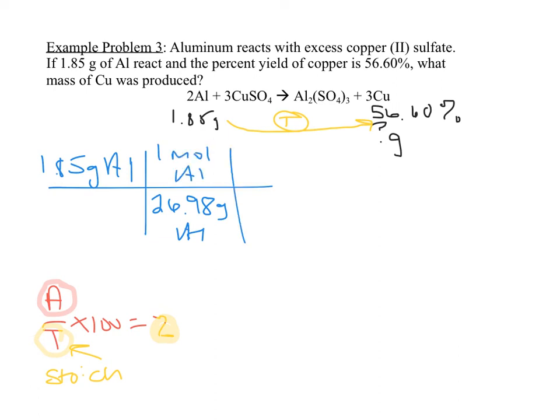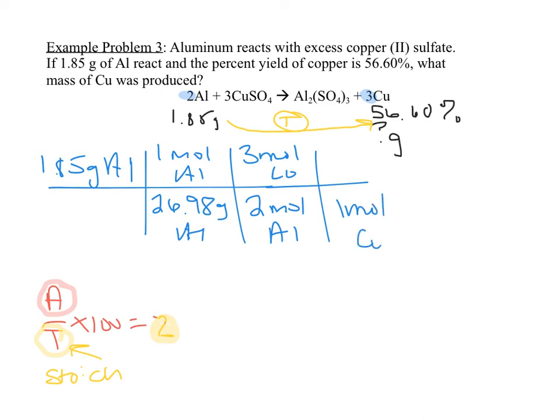Now it's our mole ratio. Now this mole ratio, I have 2 moles of aluminum for 3 moles of copper. So I'm going to choose to put moles of aluminum on the bottom to cancel that out, to 3 moles of copper up top.